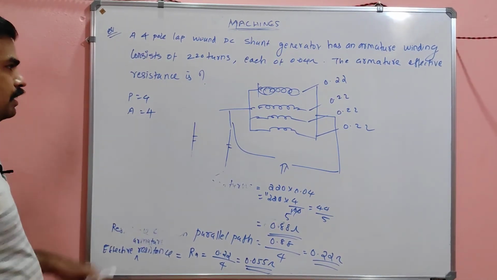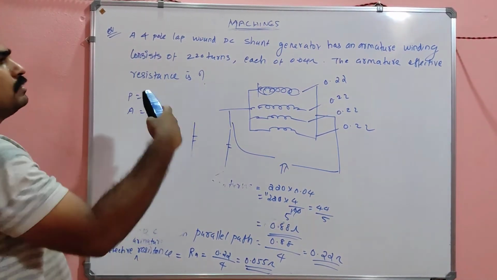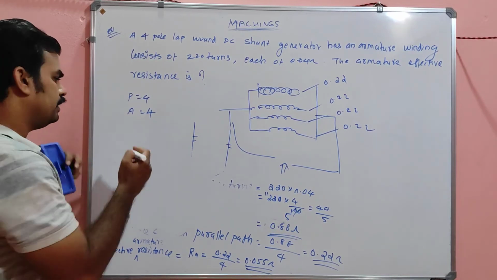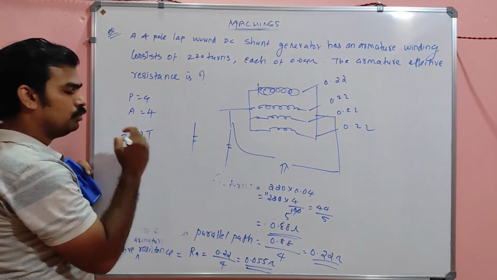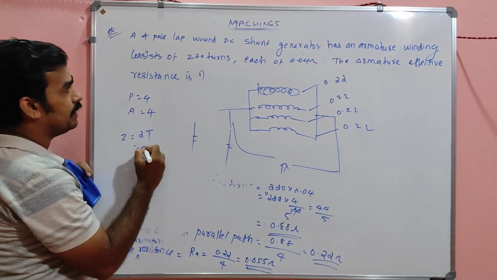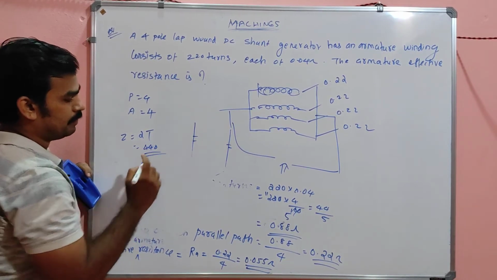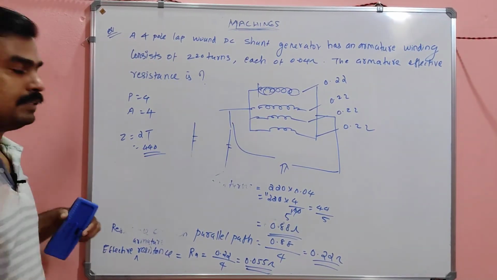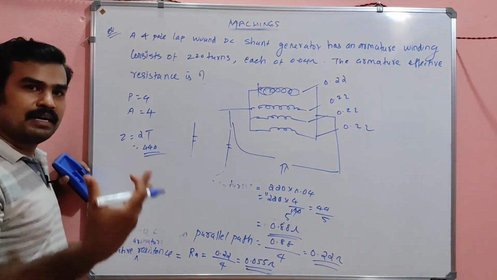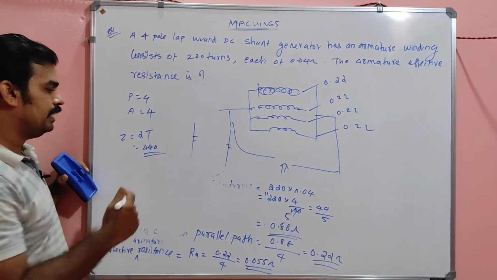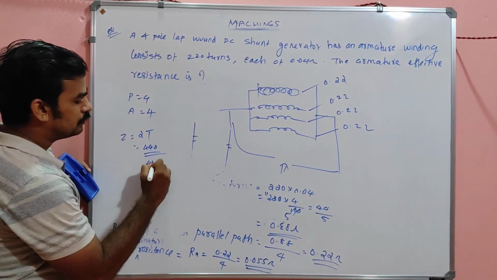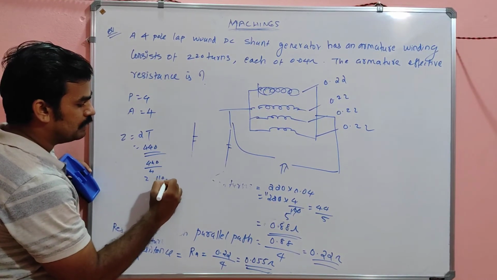You can solve it in a different manner. Sorry, 220 turns means Z is equal to 2T, so the total number of conductors is 440. You have to make these 440 conductors into 4 bundles. So each bundle contains 440 by 4, which is 110 conductors.